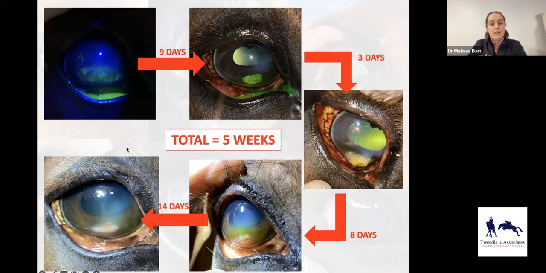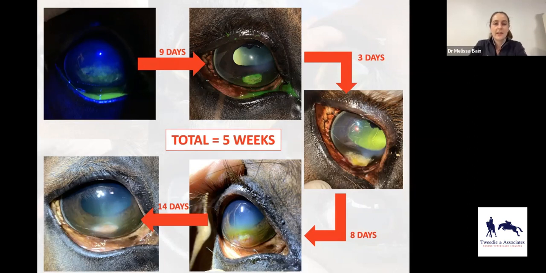So this is just a bit of awareness that those really complicated ulcers can be tricky to treat, expensive to treat, and they can take a while to get good results. So in this case, the option of enucleation would have been viable as well.